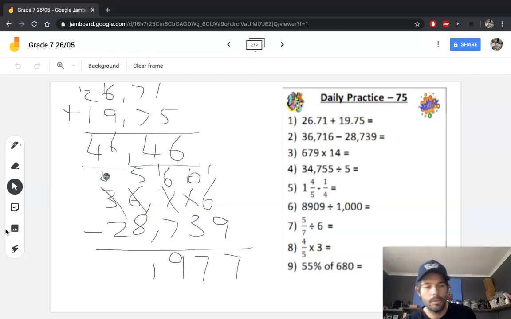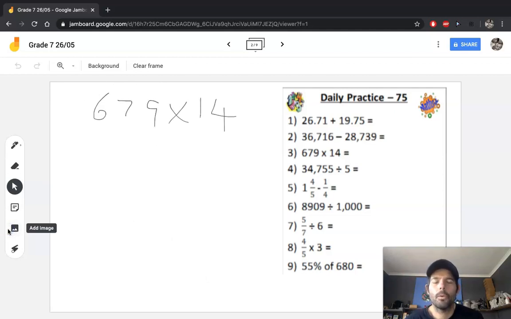And we're left with 7,977. So if we check that, 7 plus 9 is 16, 7 plus 3 is 10, 9 plus 7 is 16, and 7 plus 8 is 15. So we know that we must be correct there.